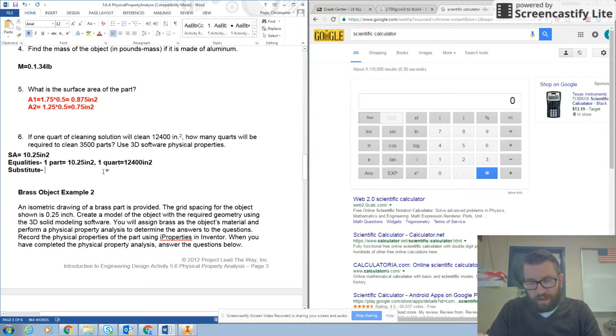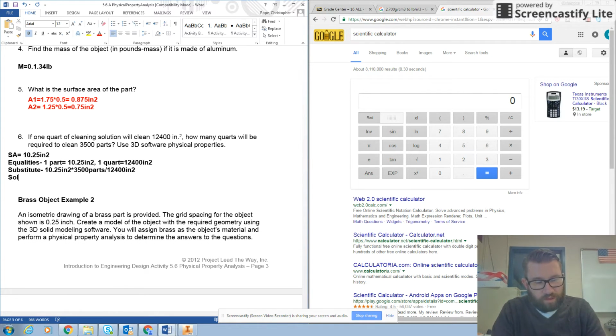So I'm going to take 10.25 inches squared for 1 part times 3,500 parts. And then I'm going to divide that by 12,400 inches squared, because that's how many square inches 1 quart can clean.